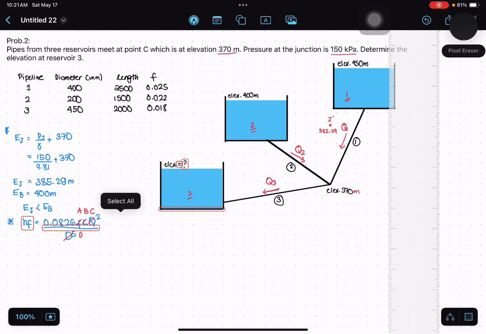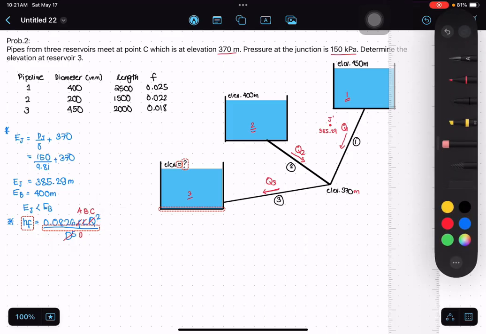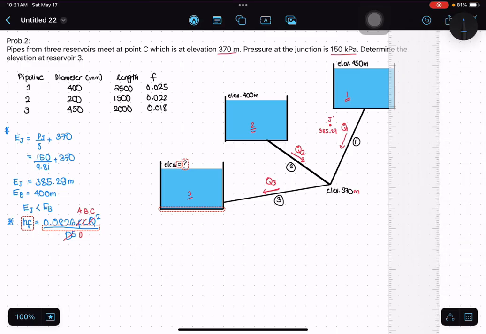Okay? Then, after nyan, just plug in the values pag pipe 1, pipe 2, and then pipe 3. So, ang lalabas, since wala tayong given na Q1 here, ang C natin is always 1. So, HF1 natin, pag-calculate natin, ang lalabas is 0.0826 alpha A, alpha B, alpha C, alpha D raised to 5.